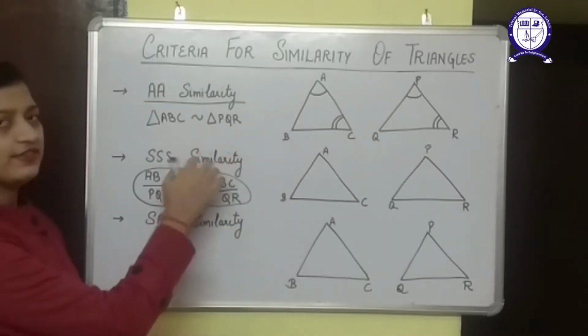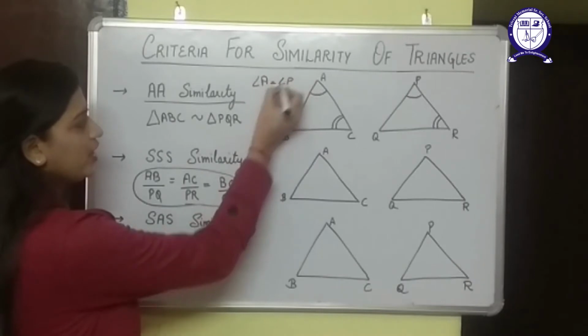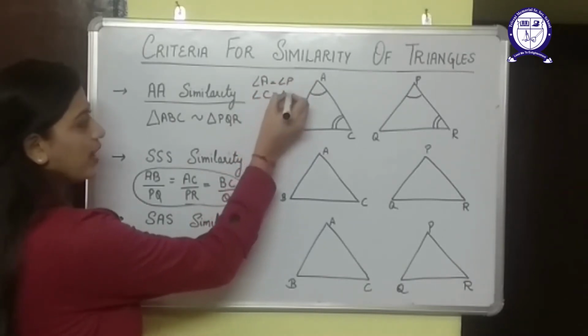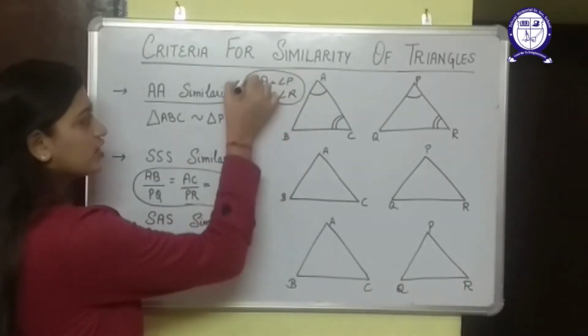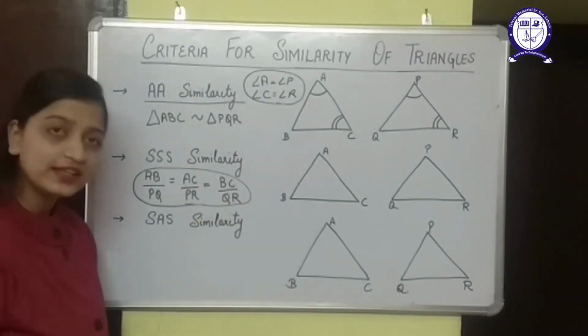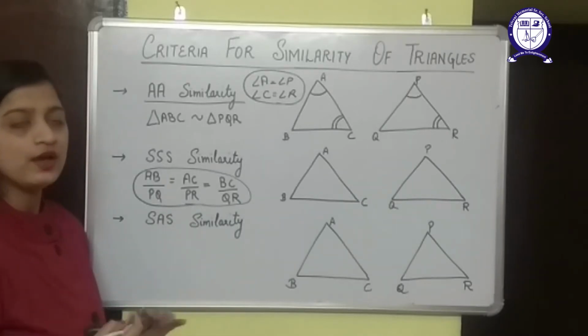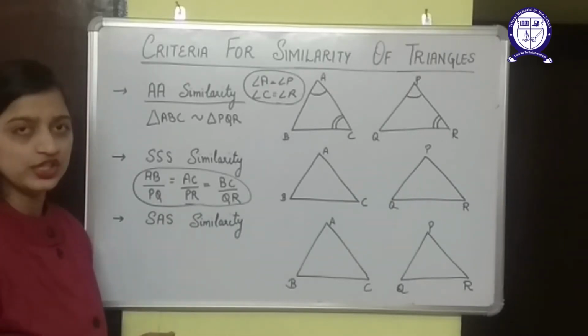In angle we had 2 angles equal, that is angle A equals angle P and angle C equals angle R. This was the condition of angle similarity. We talk about the equality of angles, but for the sides we talk about the proportion. We talk about their ratio with each other.